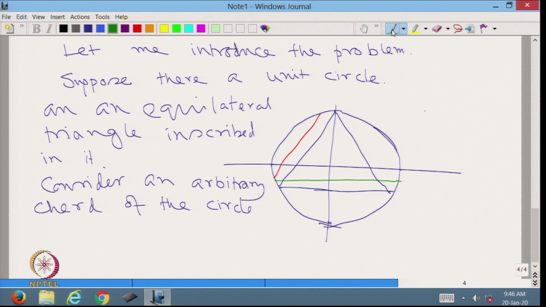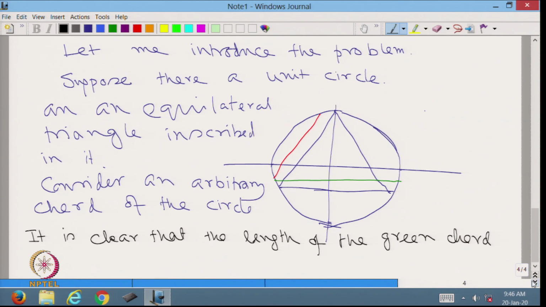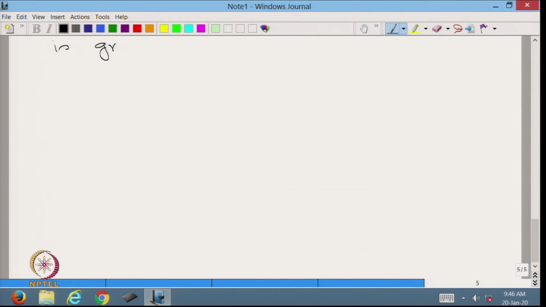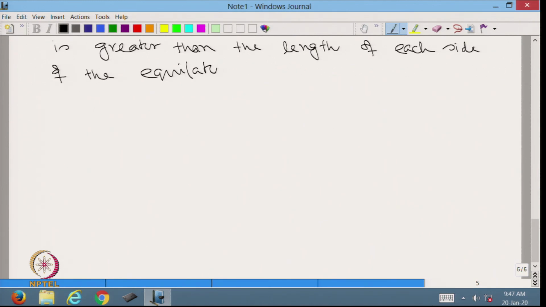It is clear that the length of the green chord is greater than the length of each side of the equilateral triangle inscribed in the circle.